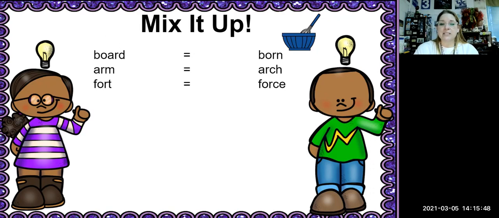Our next word is shave, shave. And we're going to change the v to d. So the new word is shade. Good. Our next word is horse, horse. And we're going to change the s to n.